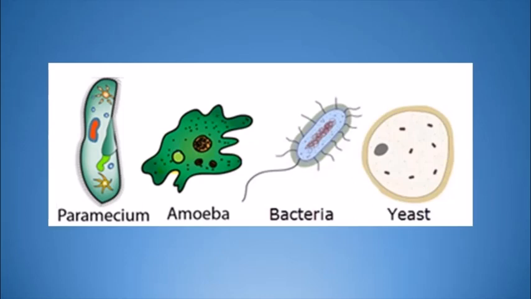In us, we have so many different organs to do different types of functions. Our heart is different, we have our lungs, then we have our kidneys, but these organisms only have one cell, and that one cell performs all the functions, and that is why they are called what? Unicellular animals.